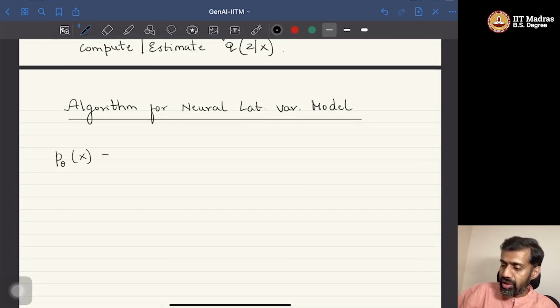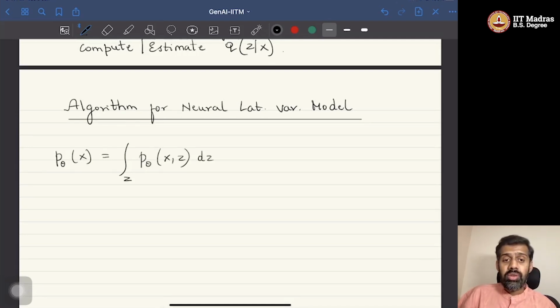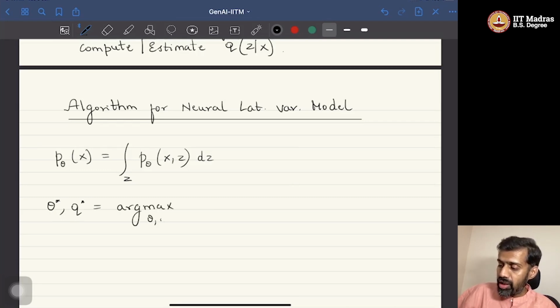We have p of x equal to the integral of p of x and z over z. This is the definition of the latent variable model, and what we need to find are the model parameters theta and an optimal posterior distribution that would maximize the evidence lower bound.